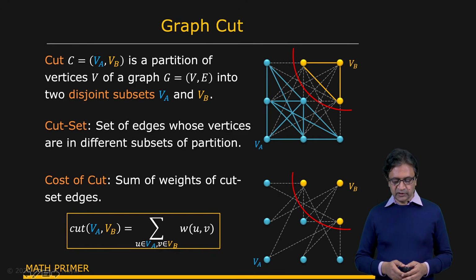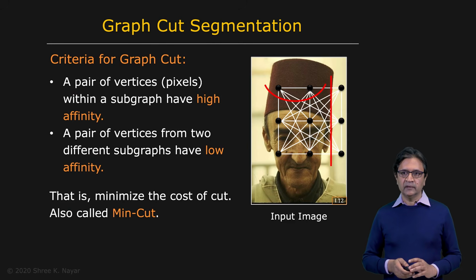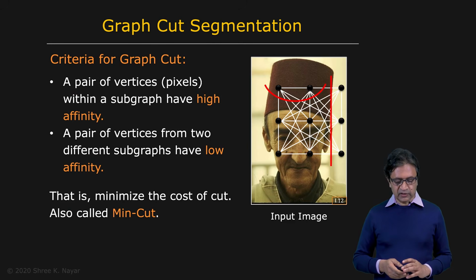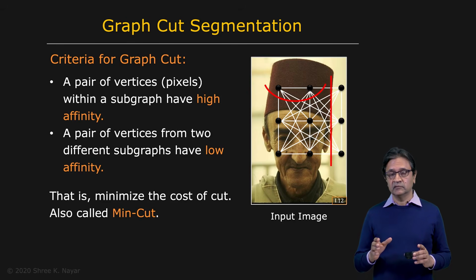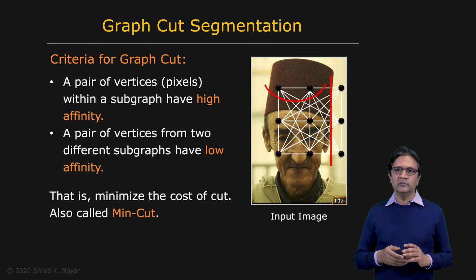Okay, so with this in place, we can develop our algorithm. Our algorithm essentially uses the following criteria. The first is that a pair of vertices within a subgraph should have high affinity. That makes sense. That's like similarity of pixels. A pair of vertices from two different subgraphs should have low affinity.